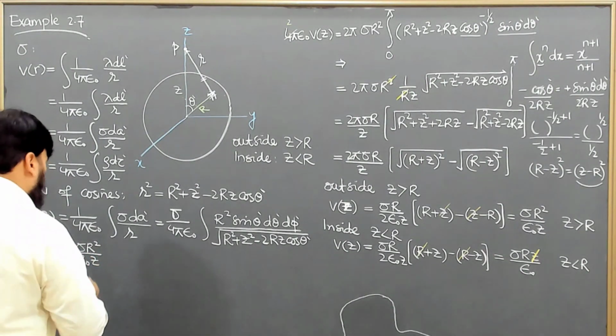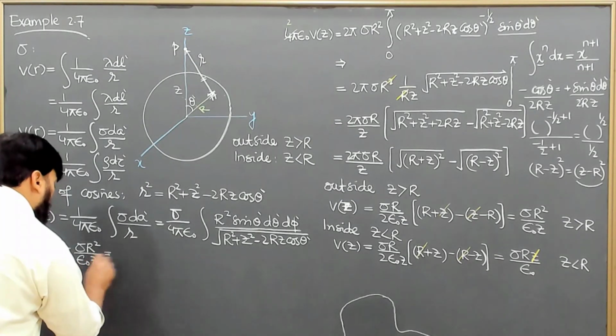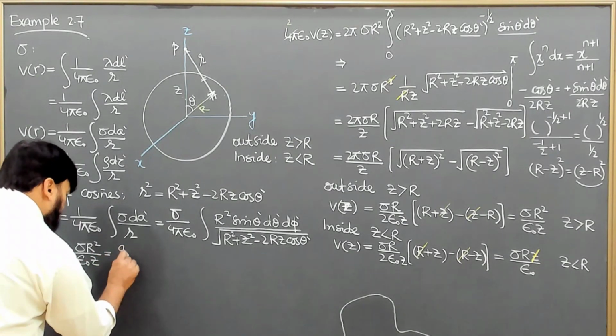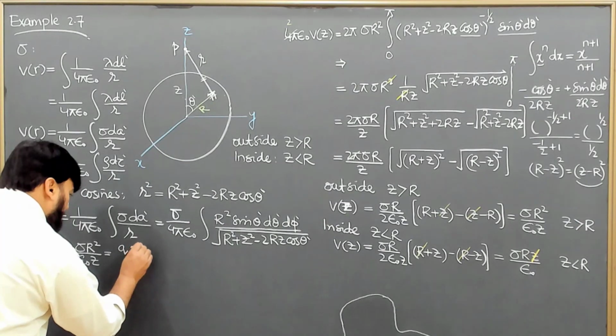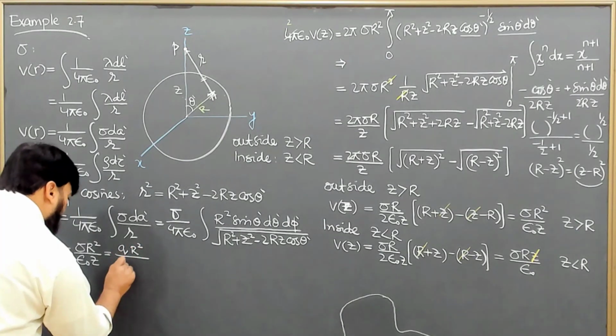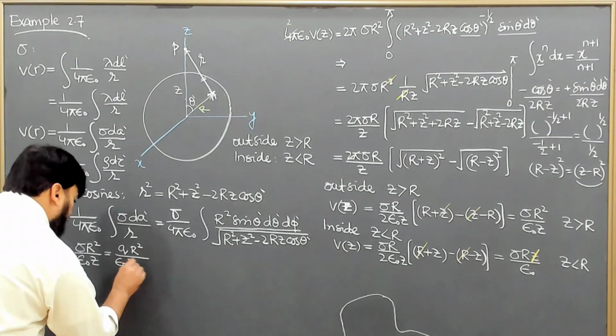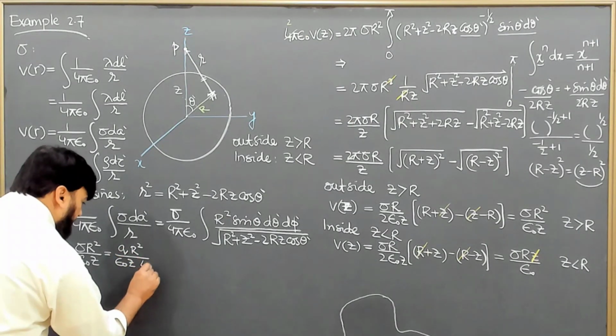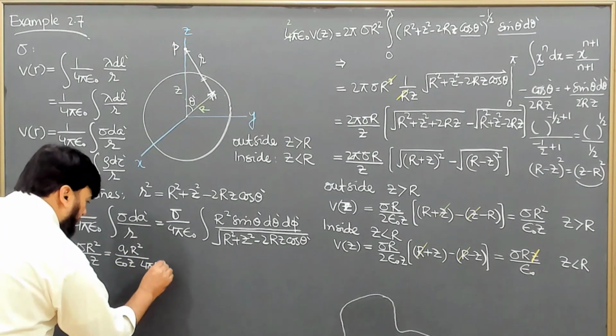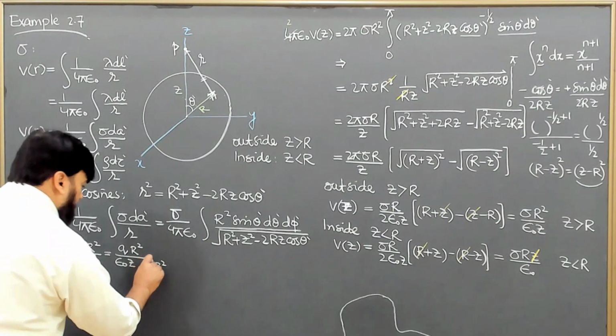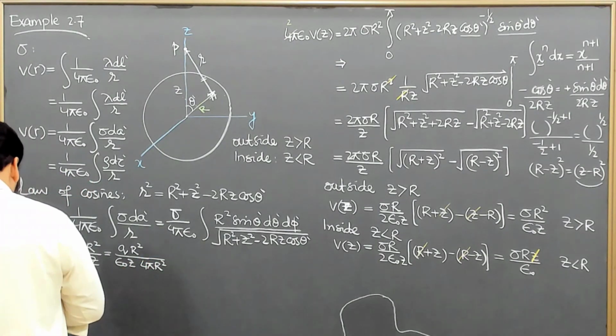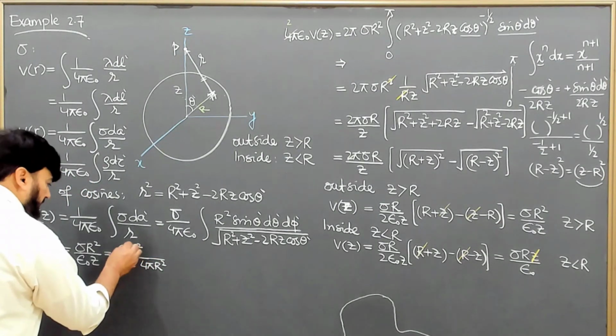Now sigma is charge per unit area, over epsilon naught z, and charge per unit area is q over 4 pi r squared. So there are some cancellations.